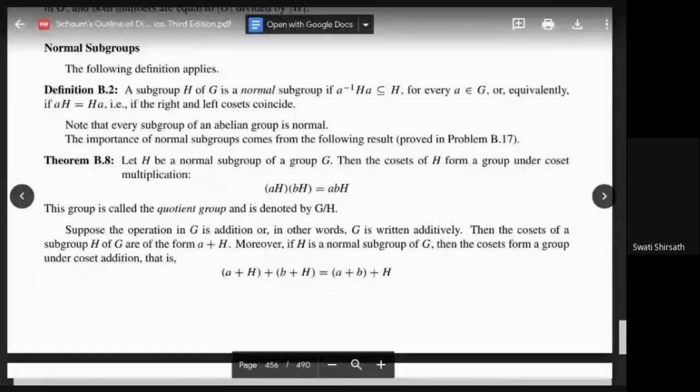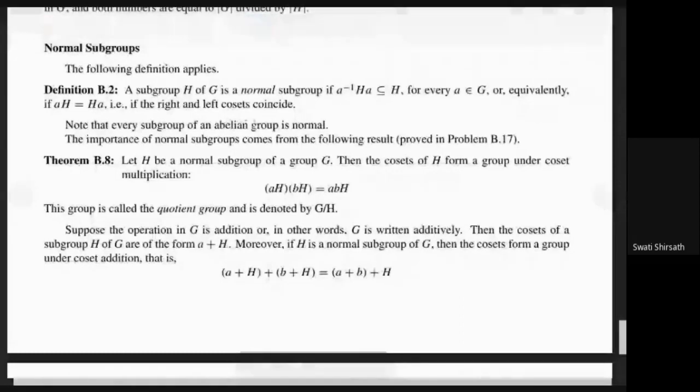We have discussed abelian groups, right? A group which satisfies the commutative property is an abelian group. So here also we are looking for AH is equal to HA. It is possible only when your operation is commutative. So every subgroup of an abelian group is a normal subgroup.